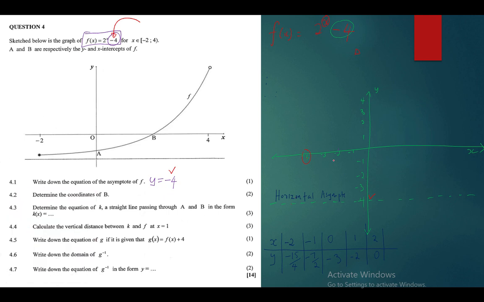So I'm just going to say when x is minus 2, I match it with negative 3 comma something. You will find the correct value and you match that y value with this x value. Minus 1, you match it with minus 7 over 2, which I know is 3 comma 5. Yes, 7 over 2 is 3 comma 5, which is between minus 3 and minus 4.